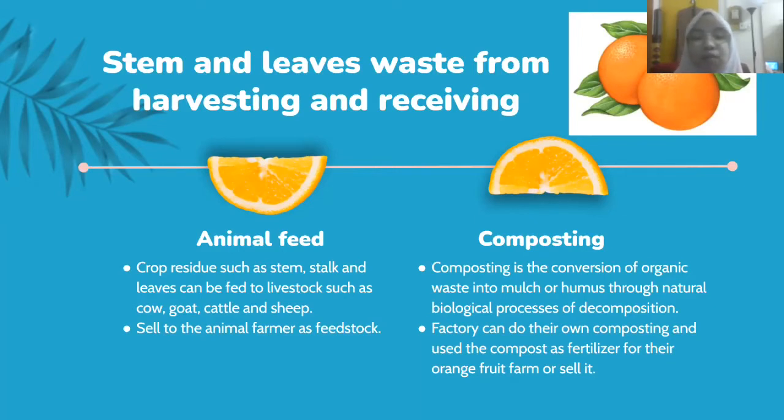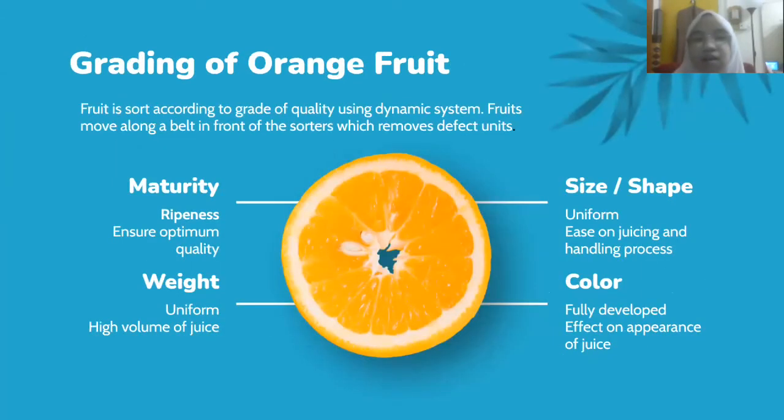By composting, the factory can do its own composting near the factory or near its own orange farms, and use the compost as fertilizer for its orange farm, or sell it to other suppliers or buyers. So next, I will pass to Yasira.